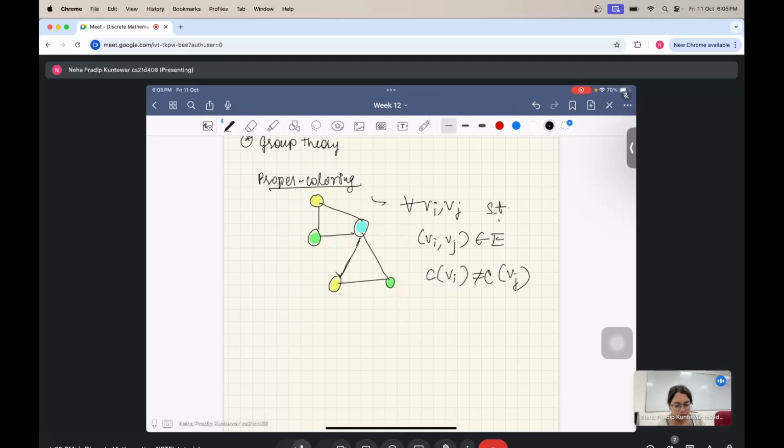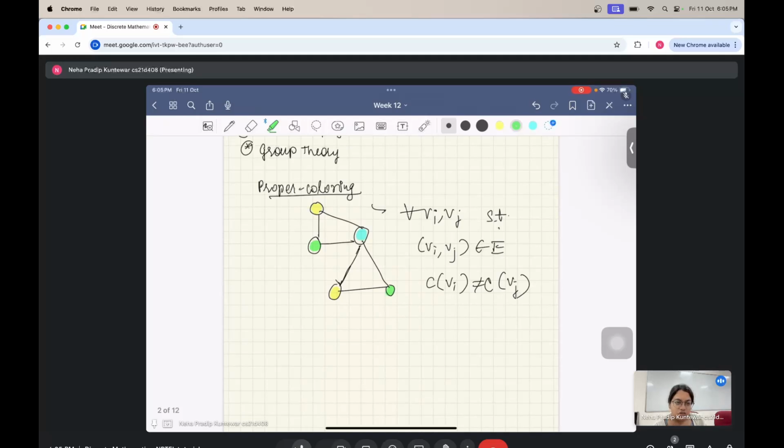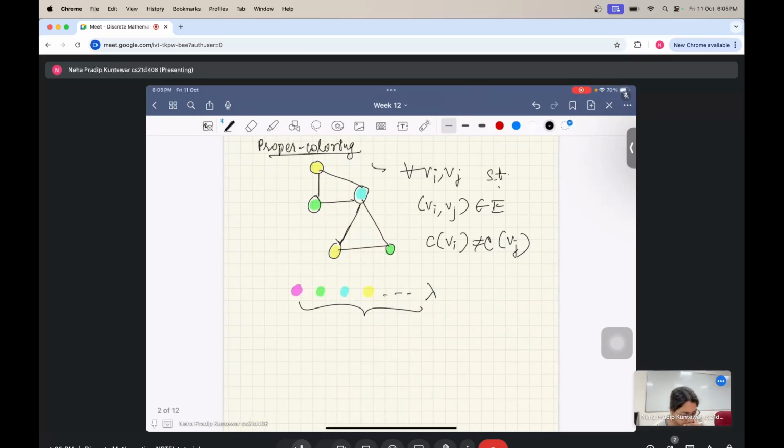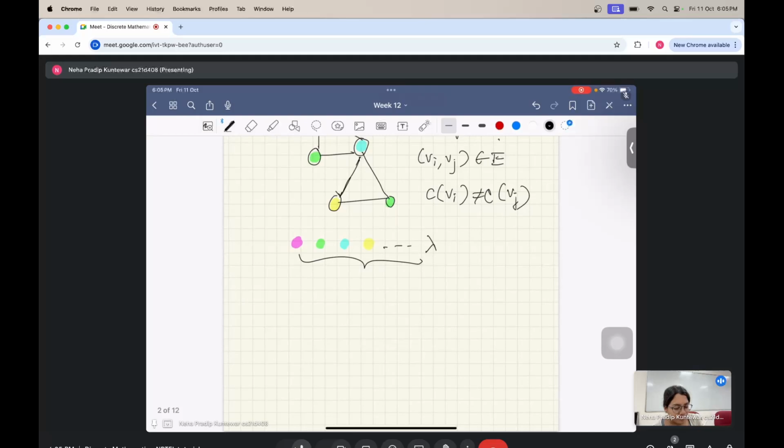Now the question that we're asking is, let's say instead of three colors, I had an inventory of some lambda many colors, so instead of three I have a lot of colors, and there are lambda many of them. Then I want to know in how many ways you can color this graph. That is what is given by the chromatic polynomial.